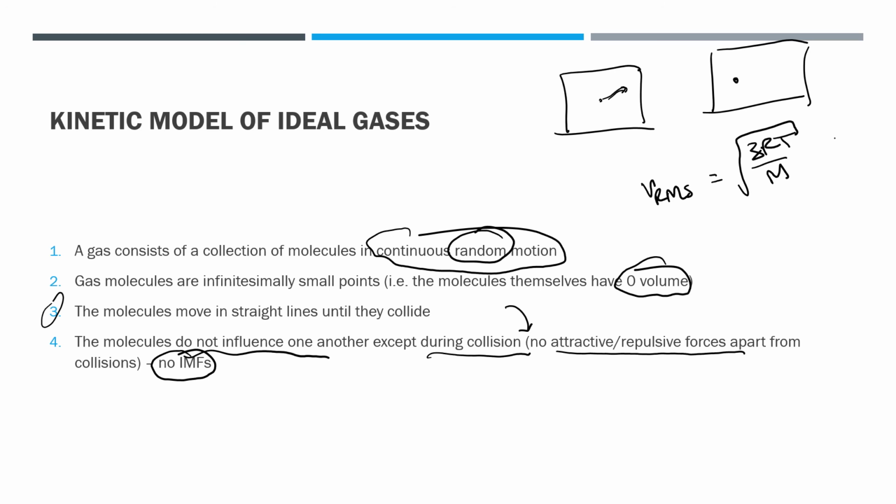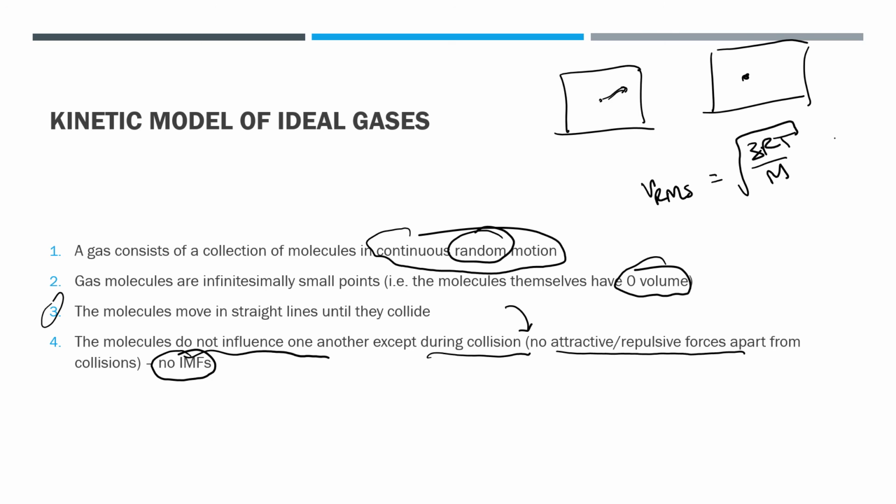This is a really important assumption that we use: if I zoom in on one gas particle, even though there might be thousands and thousands of other gas particles around it, it acts just like it was the only gas particle in that space, because it doesn't know of any other particles' existence, because there are no forces between them.